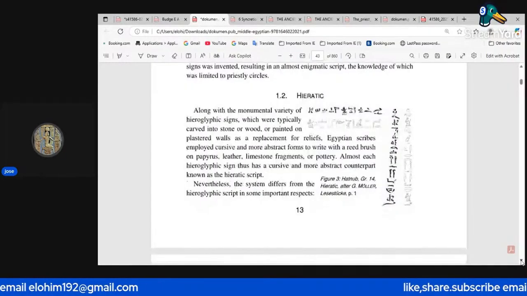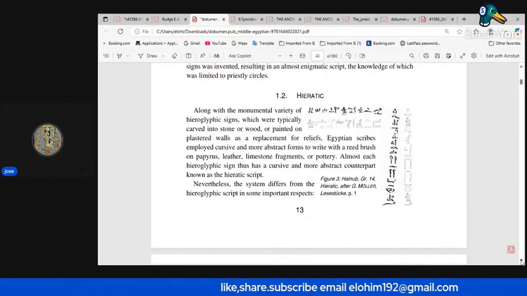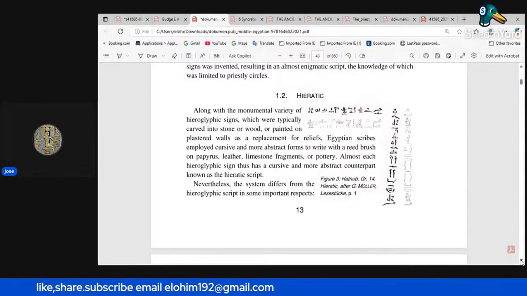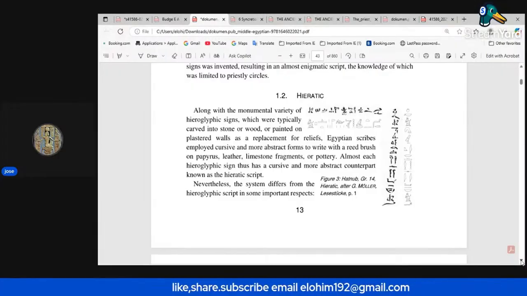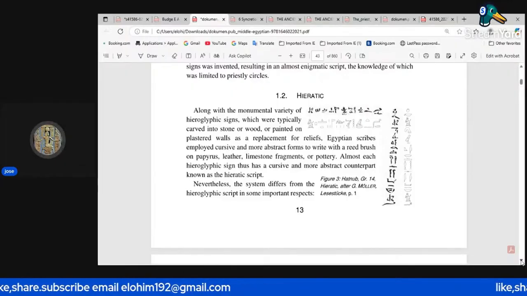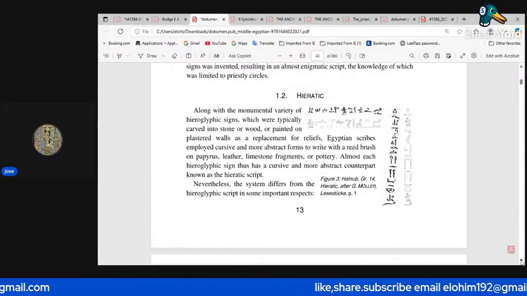Now we're dealing with hieratic, along with the monumental variety of hieroglyphic signs, which were typically carved into stone or wood or painted on plastered walls as a replacement for reliefs. Kemetic scribes employed cursive and more abstract forms to write with a reed brush on papyrus.